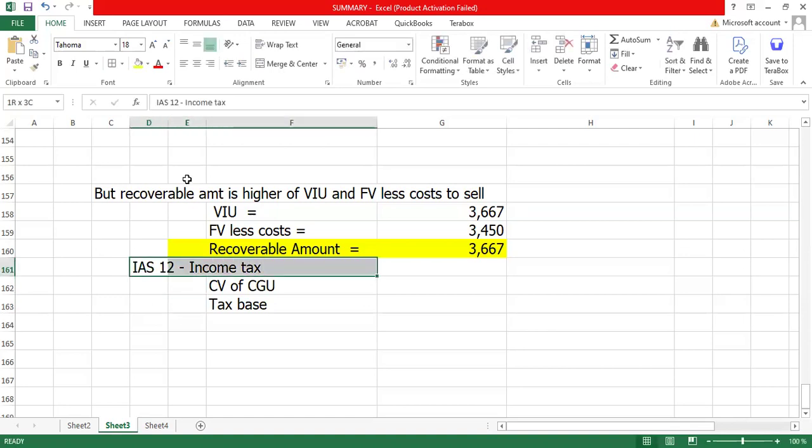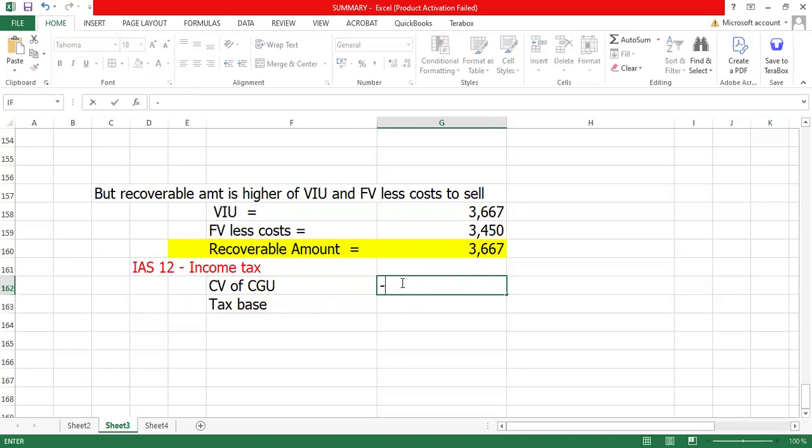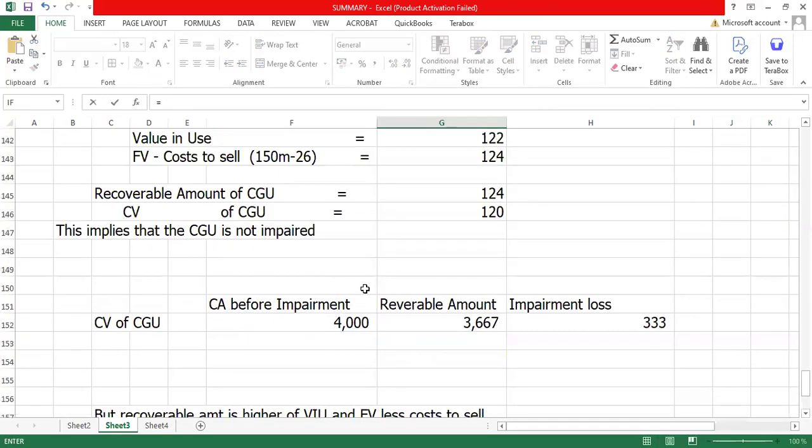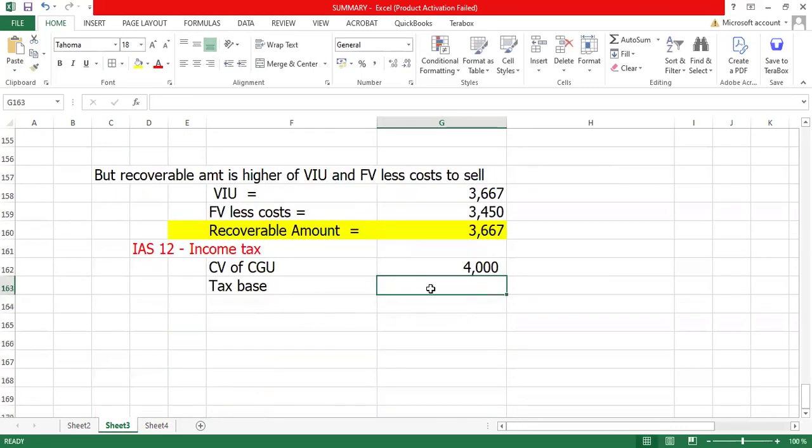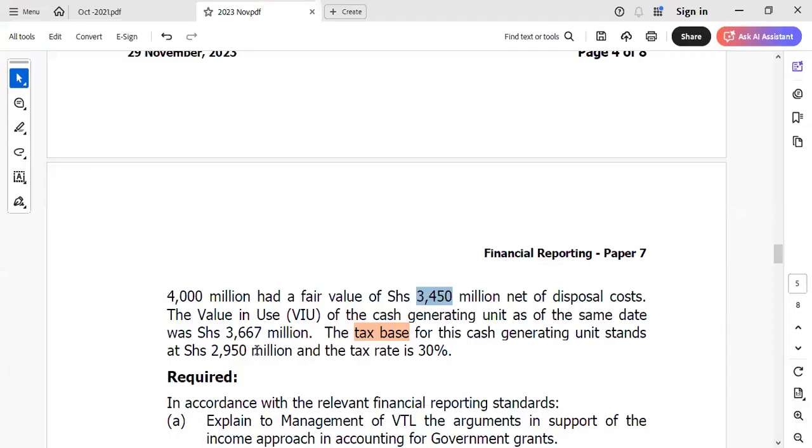So the carrying value of the CGU is this one. Then the tax base of the CGU is this one.